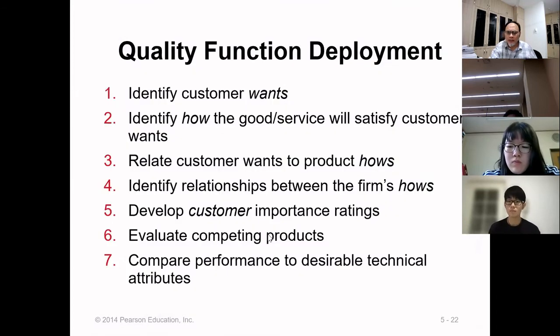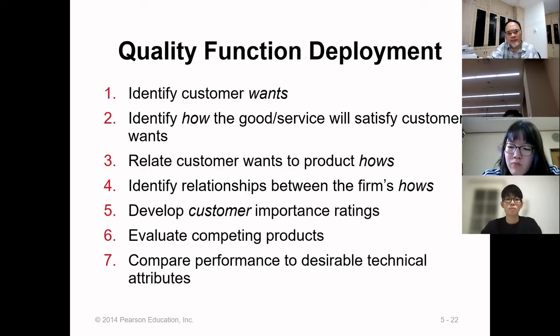And there is a tool or method called quality function deployment. It is a process for determining customer requirements, and then you translate that into technical requirements and your engineering specifications.